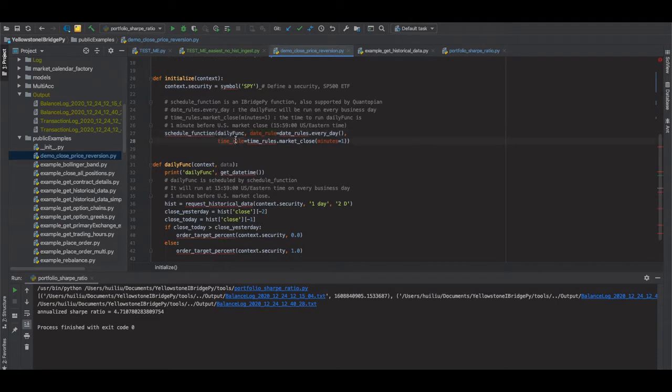The time rule defines when in a day you want to execute this function. We said we want 1 minute before market close.